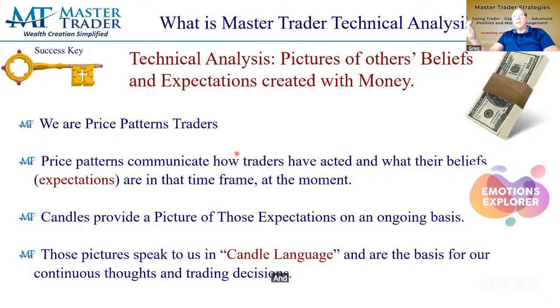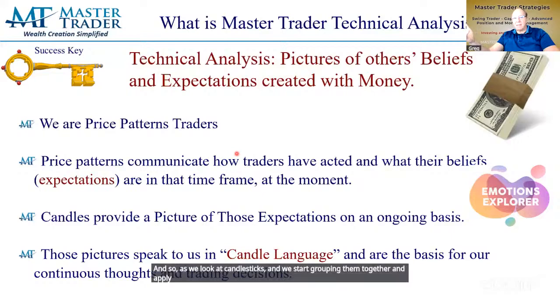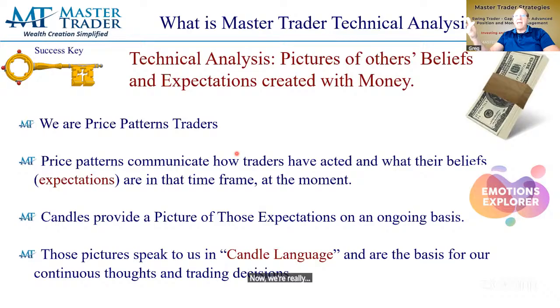And so as we look at candlesticks and we start grouping them together and apply bar by bar analysis, now we're really getting a handle on things in an objective way. So they continue to provide us with pictures of ongoing expectations. And you can't manipulate that other than by changing a time frame, which can be confusing.